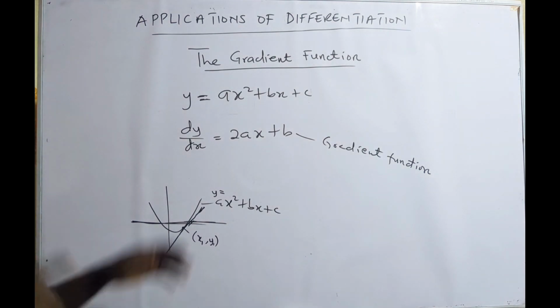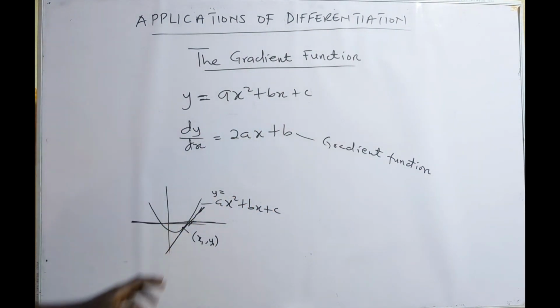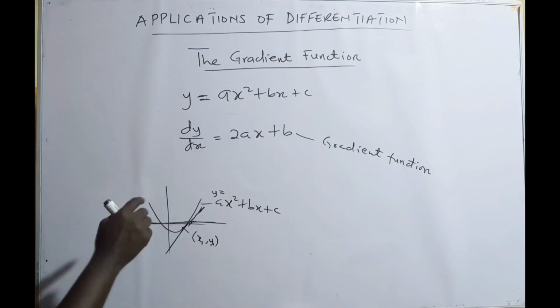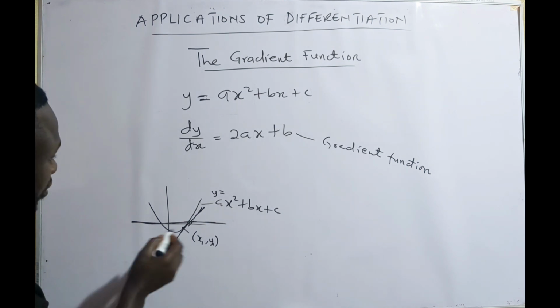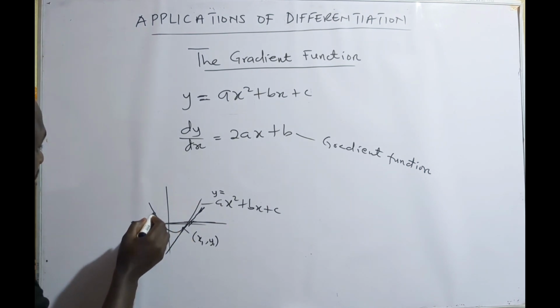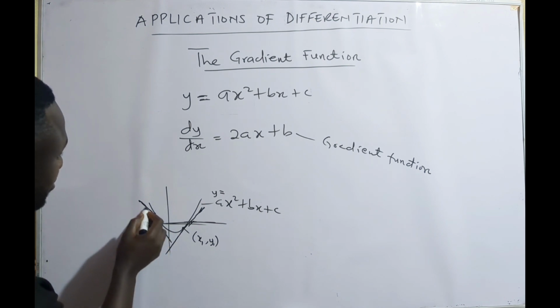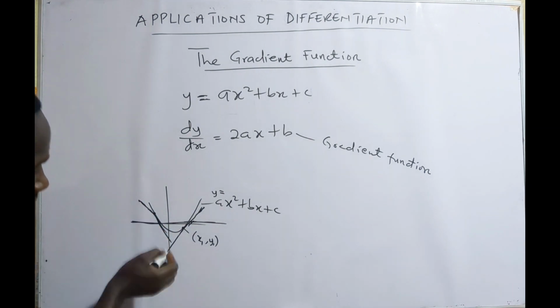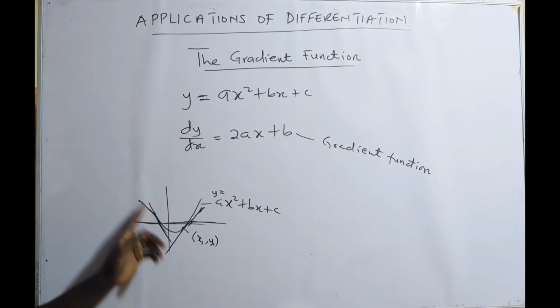So the gradient function gives you the gradient at any point on the curve. Let's say I want to find the gradient at this particular point, then I'll draw a line, this is my line, and find the gradient of this particular line.